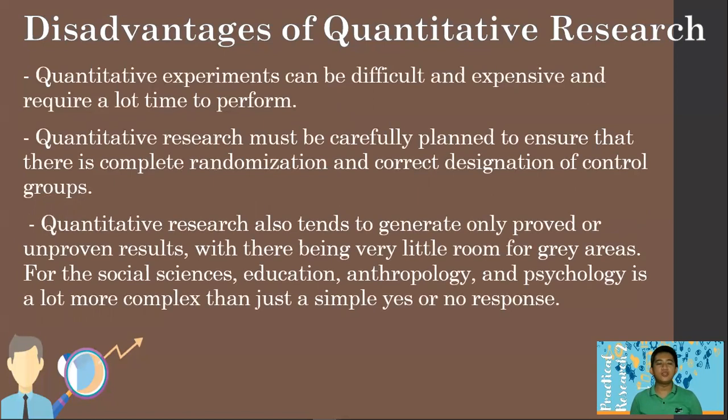The last disadvantage of quantitative research is that it also tends to generate only proved or unproven results, with there being very little room for gray areas. For example, in the social sciences, education, anthropology, and psychology is a lot more complex than just simple yes or no responses. We cannot make a full quantitative research on these areas of expertise.